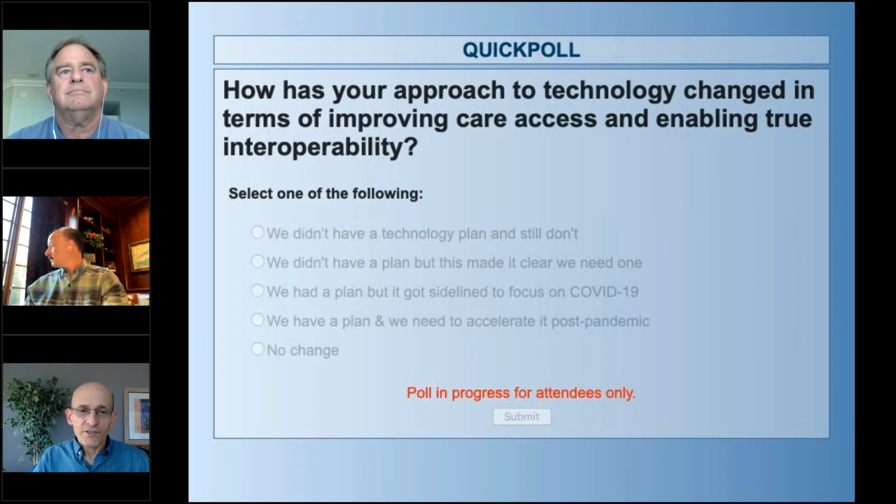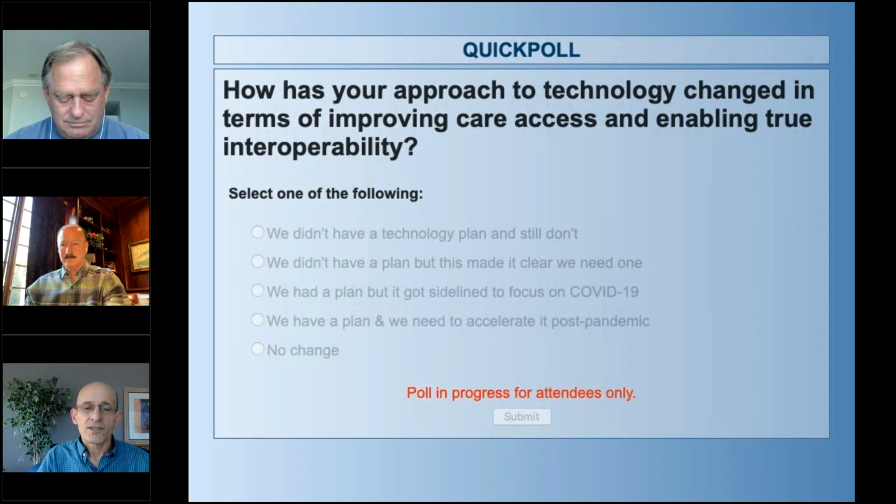So these new interoperability rules will dramatically change the industry, and there's a question for payers and providers to have a plan in place. The goal, obviously, is to get true interoperability in healthcare. So while we're waiting for that poll result, please go in and put your answers into the poll.